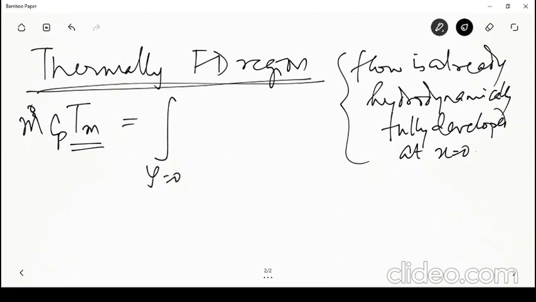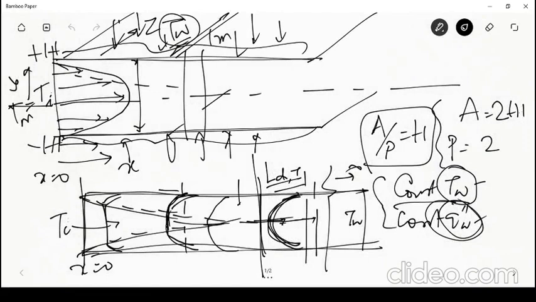Then m dot Cp Tm would be an integral from y equal to 0 to h, multiplied by 2, because 1/2 is the integral from 0 to h, of rho u at any y into Cp into T dy. The area is dy into 1 because there is a unit depth. So this is rho u Cp dA, and rho u dA is dm dot, the mass flow rate through any elemental segment.